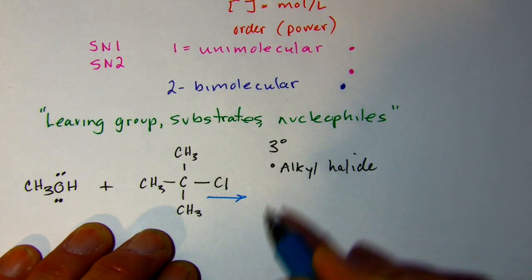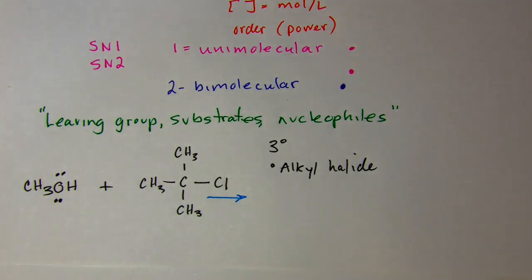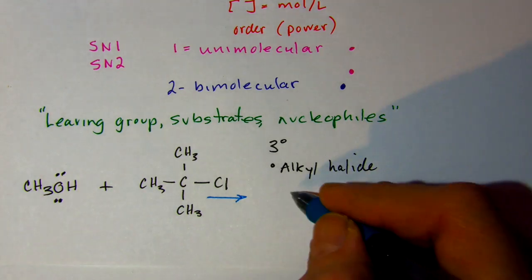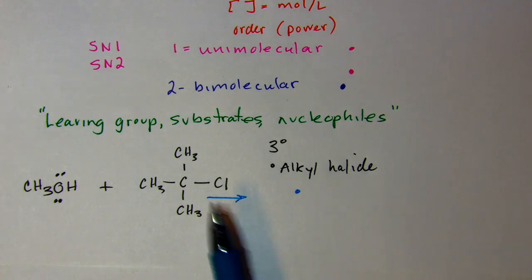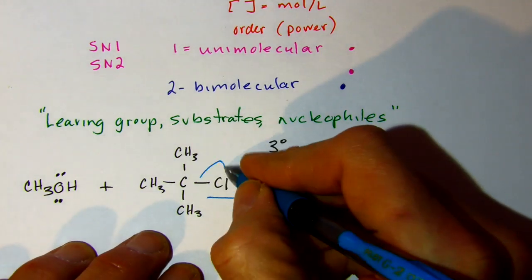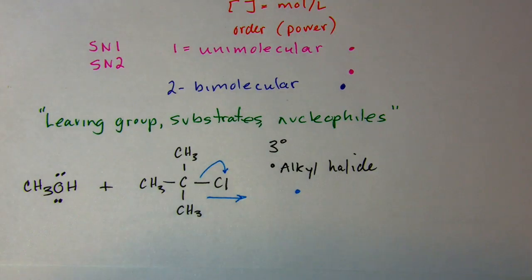This chloride has to leave, and so that chloride is called the leaving group. That chloride leaves, and it will become a negative chloride ion. It takes the 2 electrons with it, and so generally what we do is we draw that the 2 electrons will jump onto that chlorine, and when it leaves it becomes a chloride.